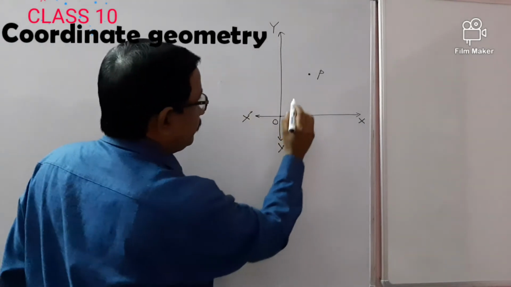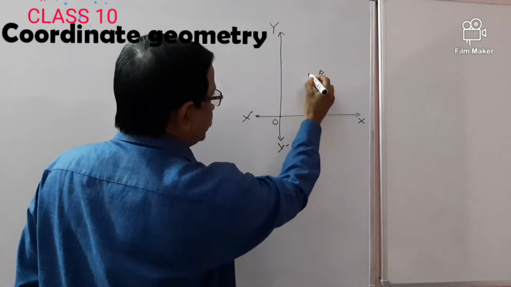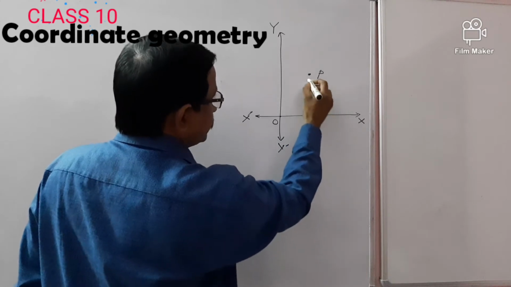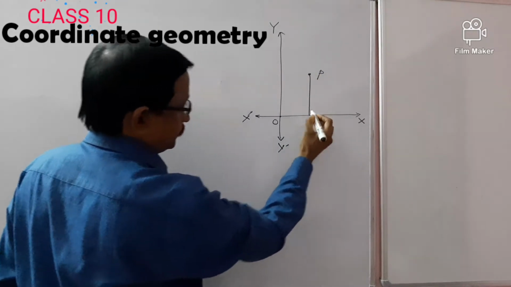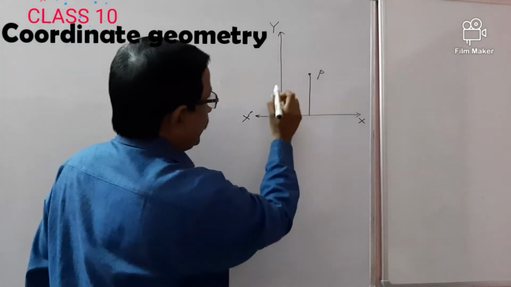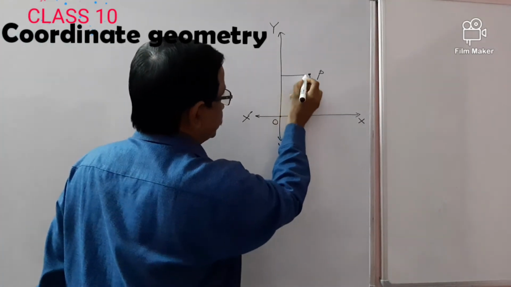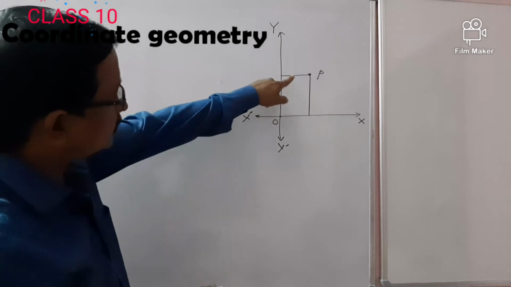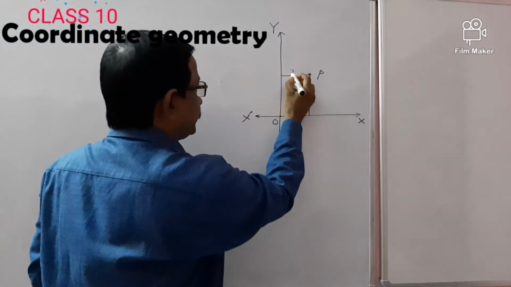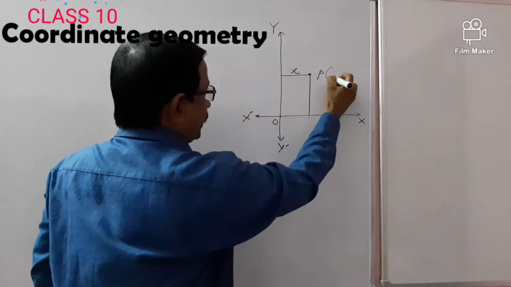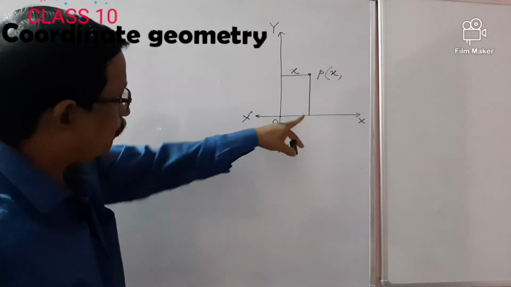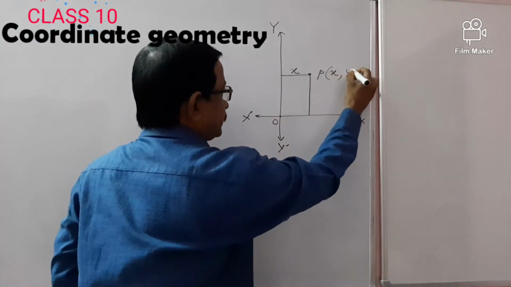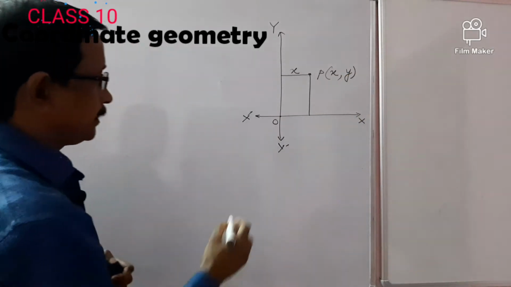Now, from the point, if you check the distance from the x-axis and the distance from the y-axis, the distance from the y-axis we name by the coordinate x, and the point's distance from the x-axis we name by y.